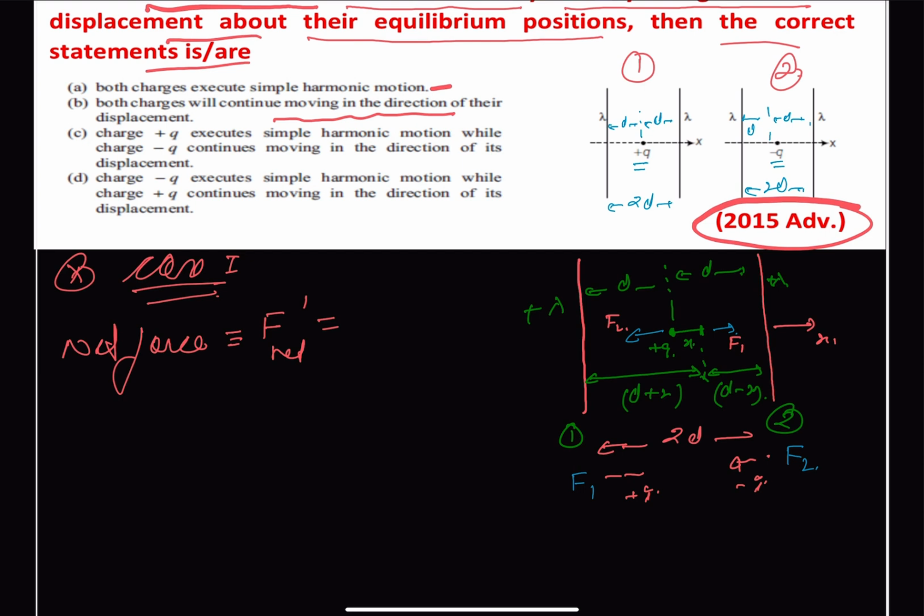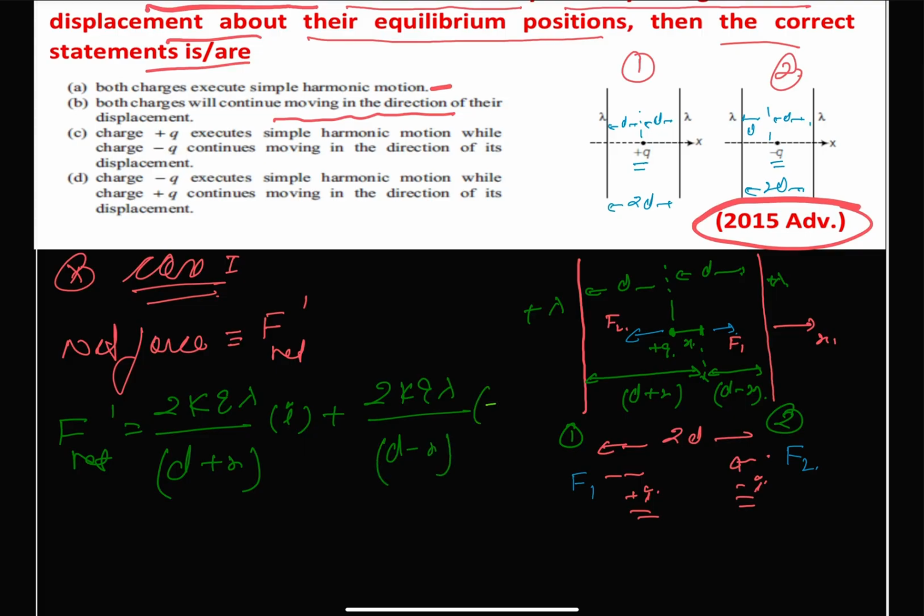We can just add them using this notation. So F net prime will be equal to 2k q lambda divided by d plus x, which is in the plus i direction, plus 2k q lambda upon d minus x, and that is in the minus i direction.